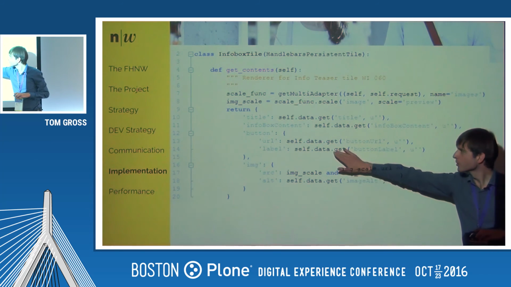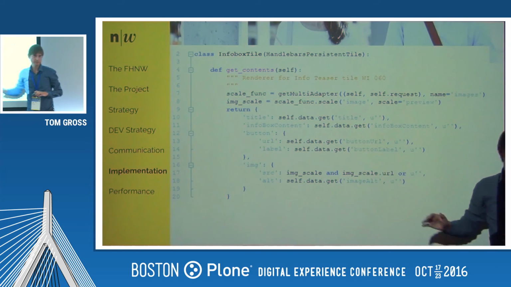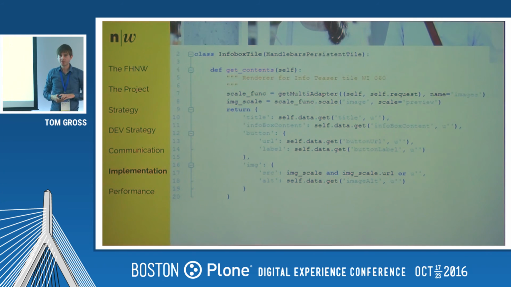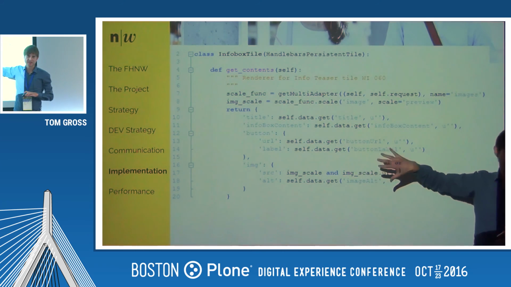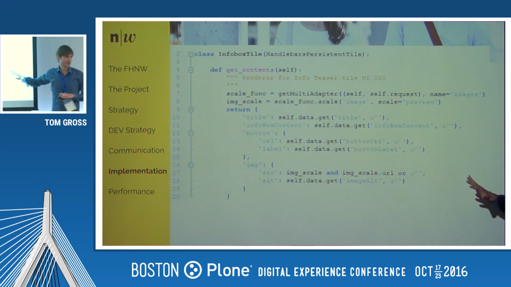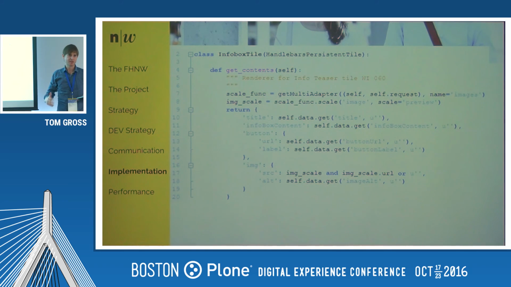In this case, we get it from a tile configuration, but there are other use cases, there are other scenarios. Sometimes it's content listings, and sometimes it's just static content, so it's different. But the good thing about this, we just copy and paste in the first place the dummy data we get from our design agency, and when it drops out by the agency we have it in Plone.